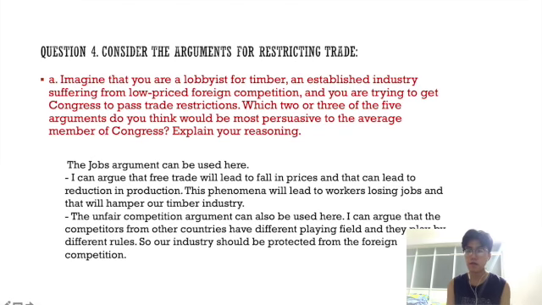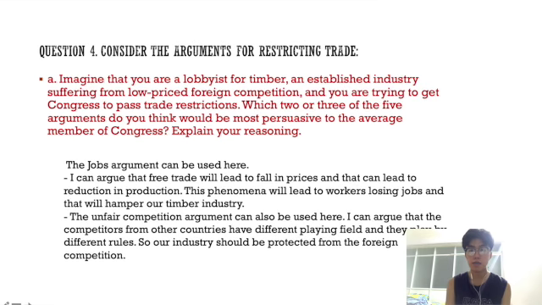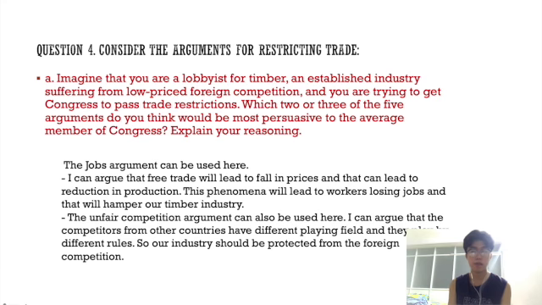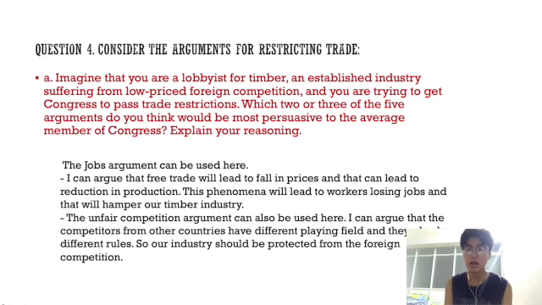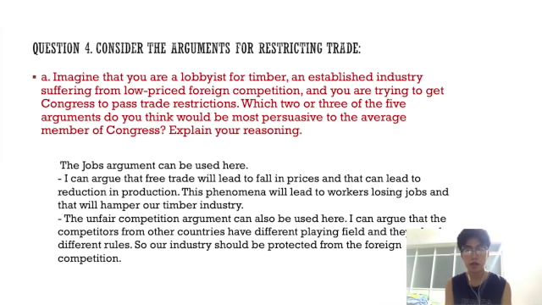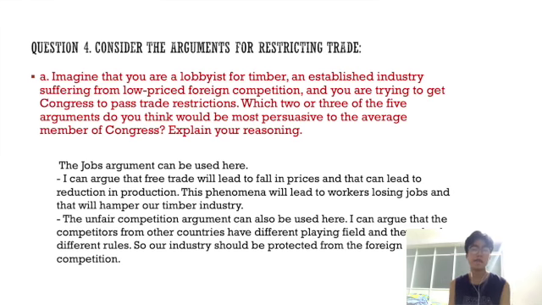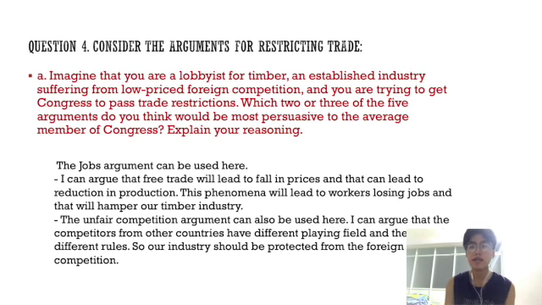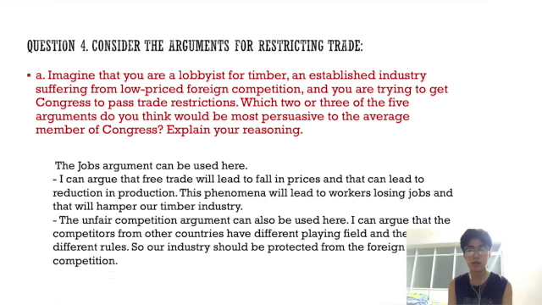Choose two of the five arguments that you think would be the most persuasive to the average member of Congress. From my perspective, the jobs argument can be used here. I can argue that free trade will lead to a fall in prices, and that can lead to a reduction in production.